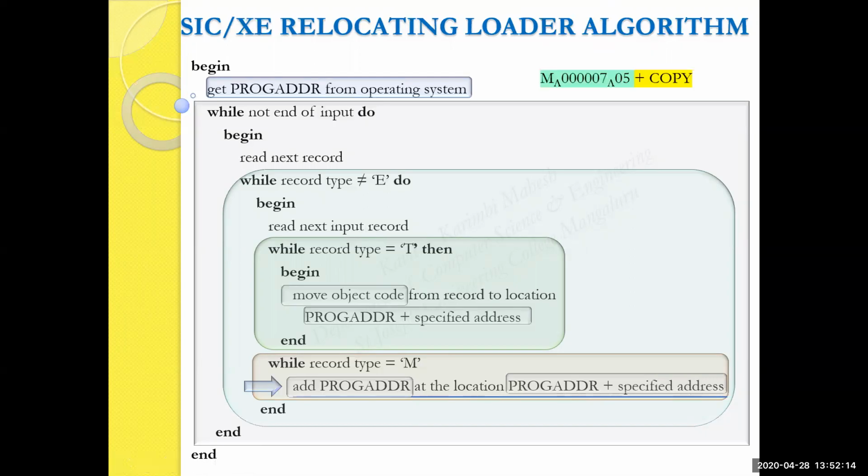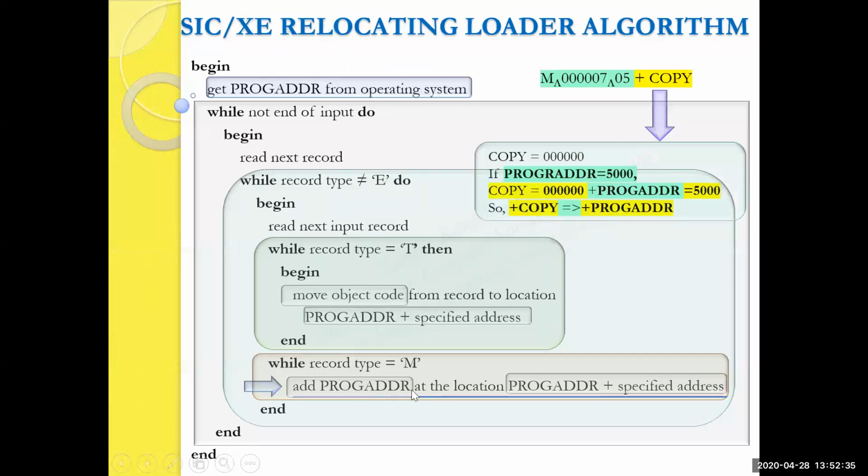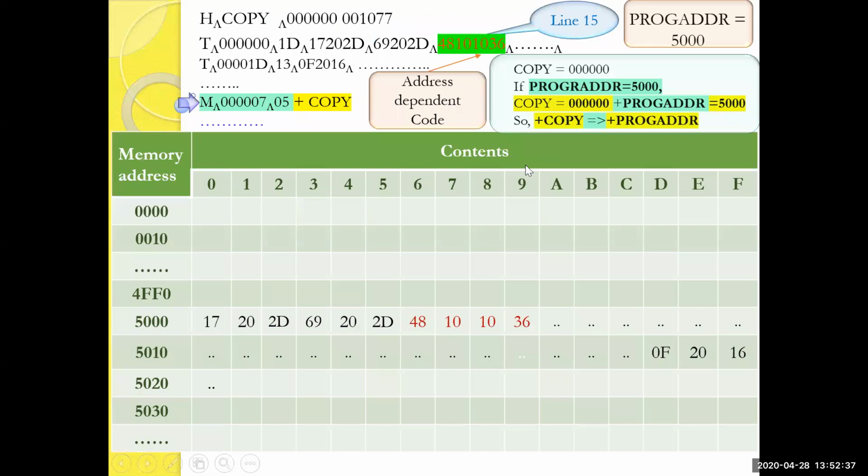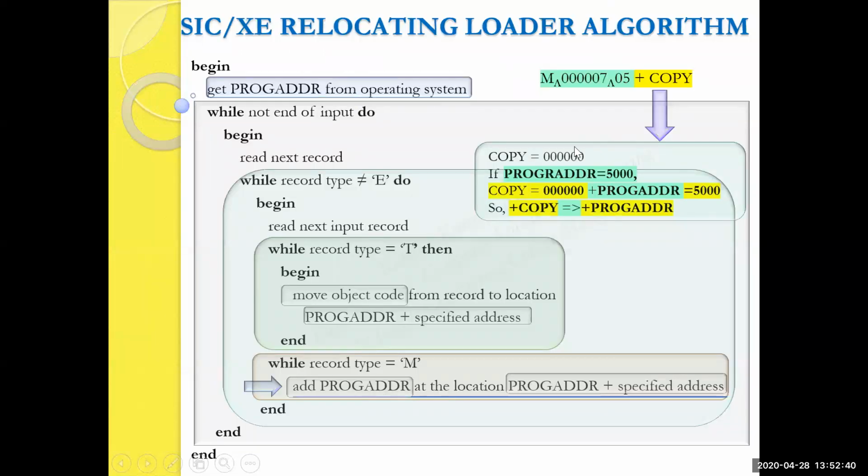Please note, in the modification record, in the example, we see that the modification record says add COPY to the location that is specified here, which is 7, which is 5 half bytes in length. But in the algorithm, you may see that it says add program address. We have already seen that COPY has the relative address 0, and we have assumed that the program address is 5000.